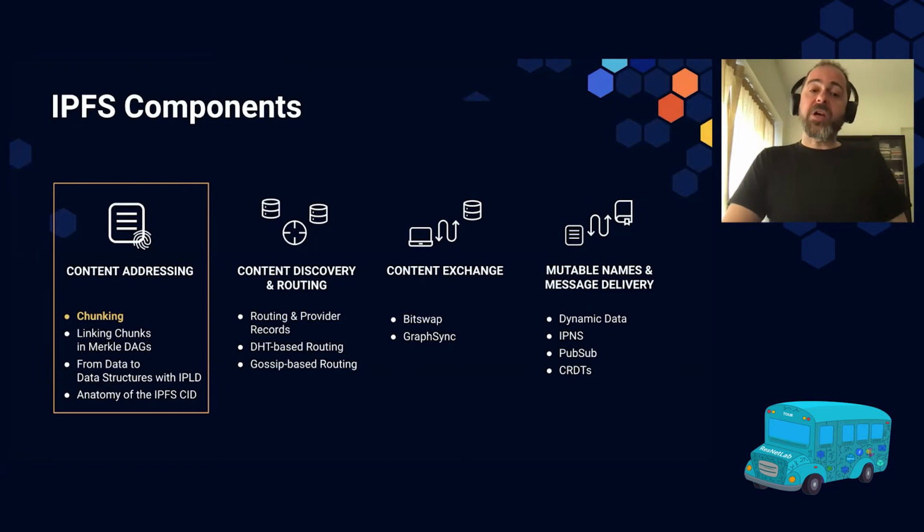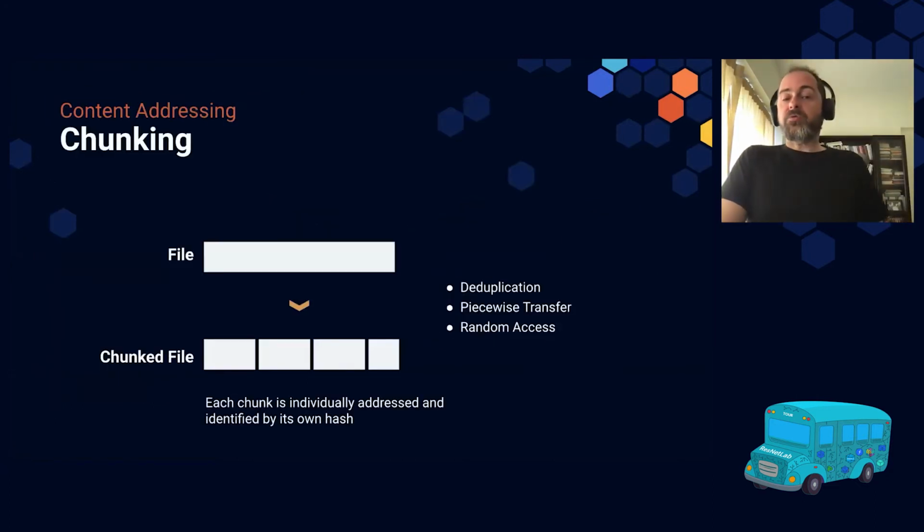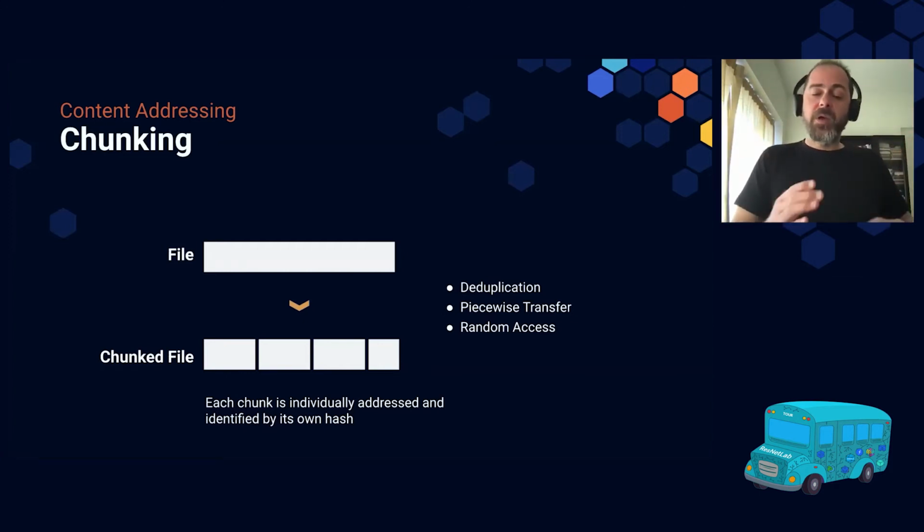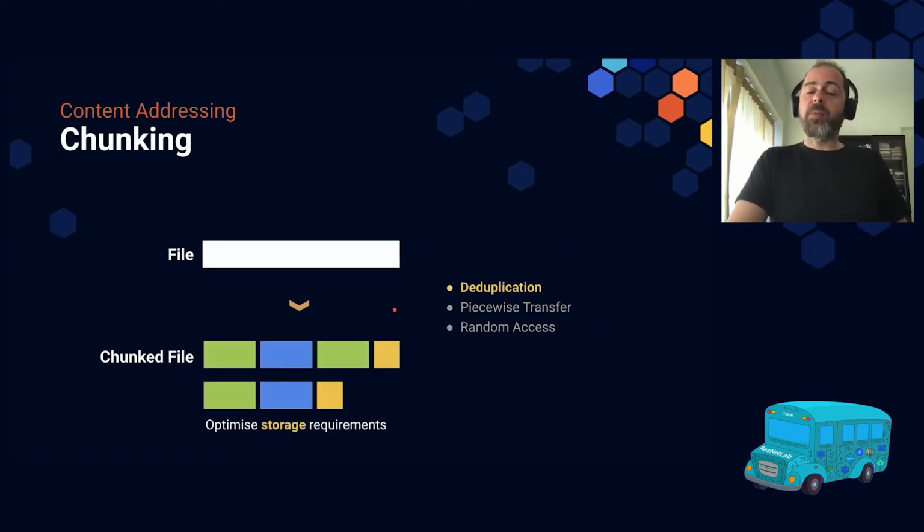First of all, we have chunking. Chunking has been traditionally used in communication networks because it's simply better to deal with smaller pieces of data rather than big chunks, big objects, in the size of the file. Now, this provides some extra benefits, which are summarized here, and we're going to go into each one of them in turn. First of all, we have deduplication.